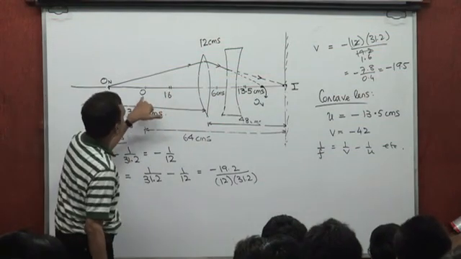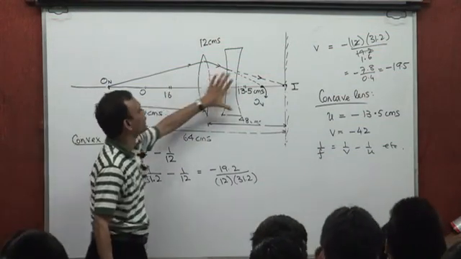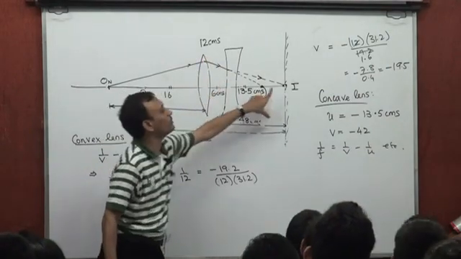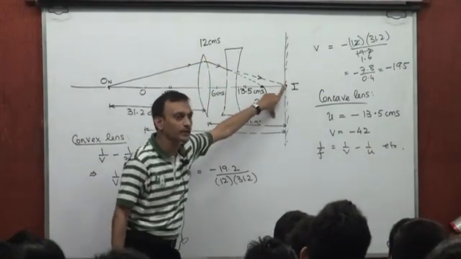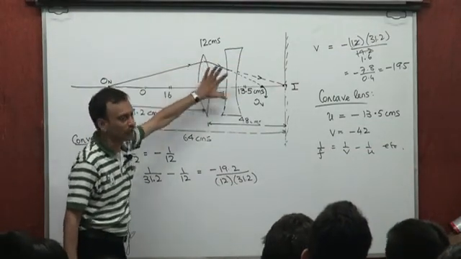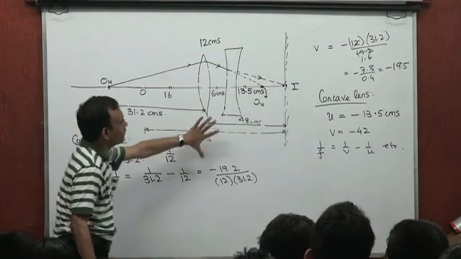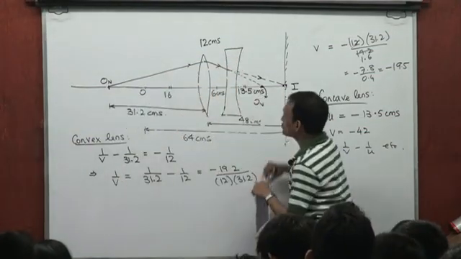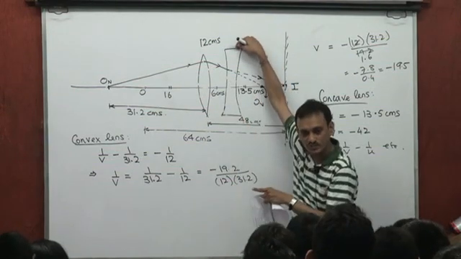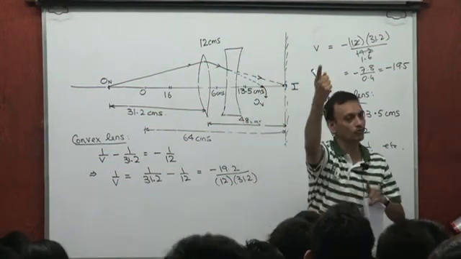See, in this problem, you realize that when the object was O and just the convex lens was present here, the image was formed at I. Using that fact, we computed the focal length of the convex lens. Now, a change was brought about. A concave lens was placed 6 centimeters to the right of the convex lens, and the image goes out of focus.